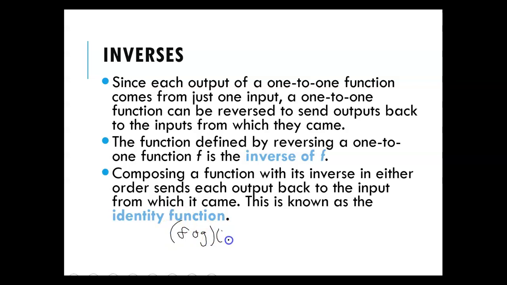So what that means is f of g of x equals g of f of x, and they always equal x. So if f and g are inverses, then g of f of x will equal f of g of x, and that will equal x. x is known as the identity function. It is the basic parent function in math.